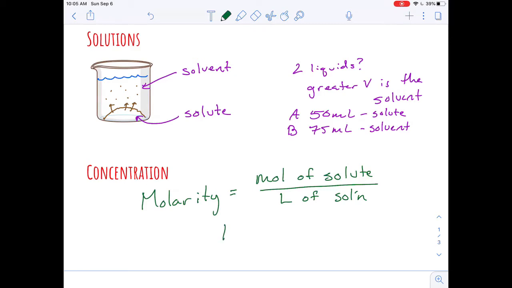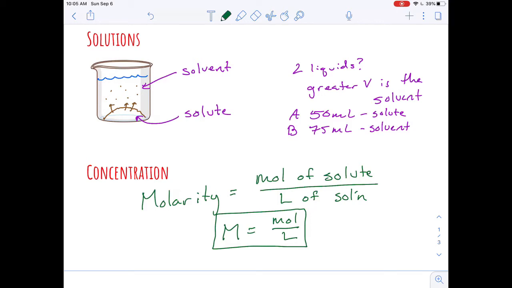There's a shortcut for this. We just make a capital M, it has to be a capital M, which is mole over liter. And what I love about that is that there aren't many equations that actually have all the units in the equation. So it's molarity equals moles over liters.